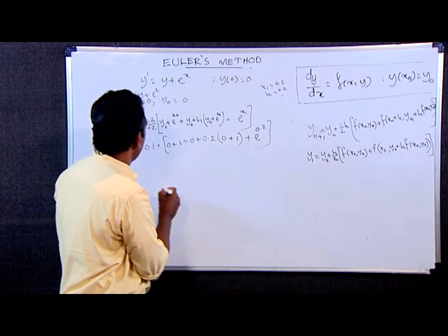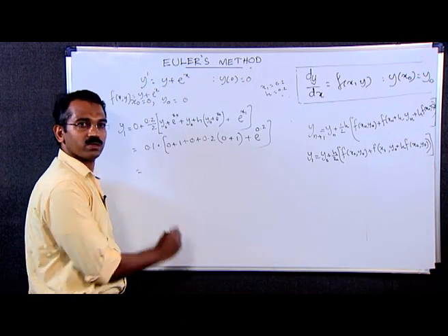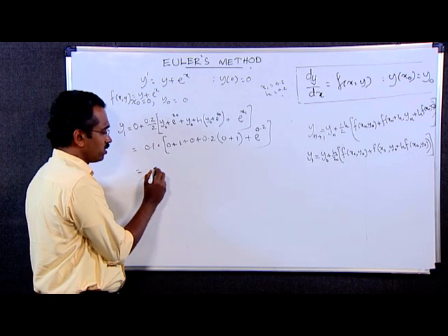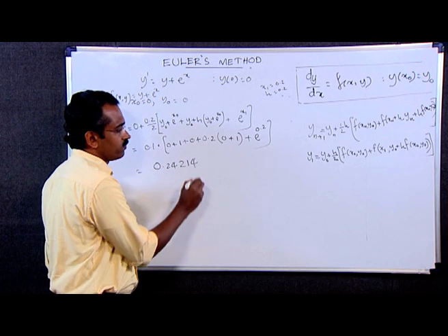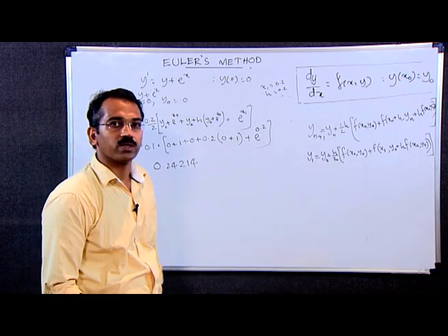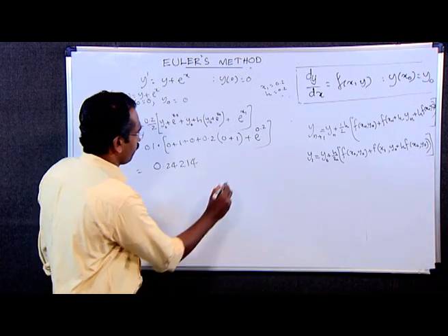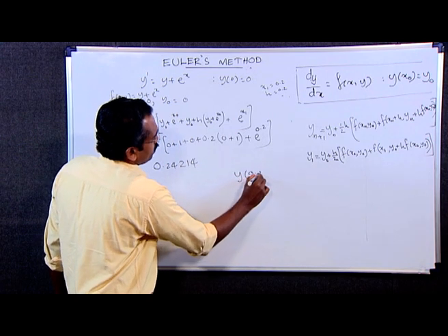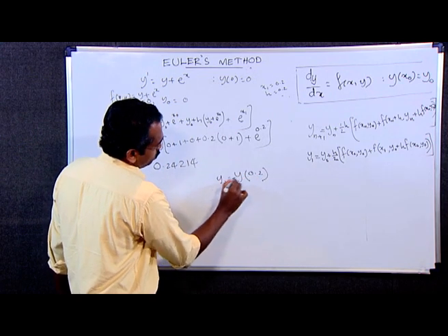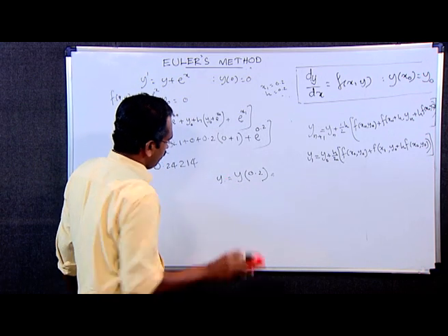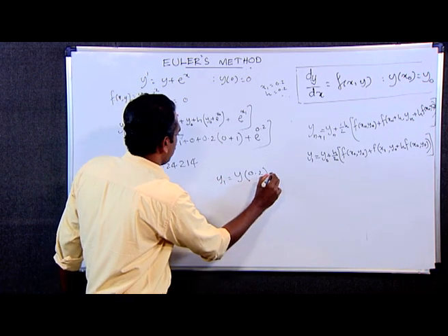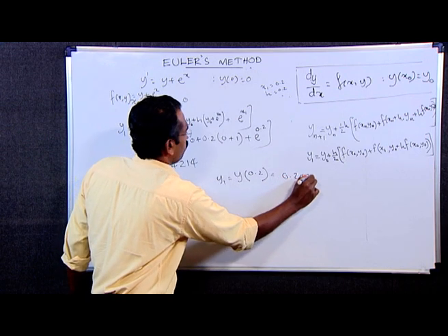Therefore, on simplification we will get this as 0.24214. This is the required value of y at point 0.2, that is y1 is 0.24214.